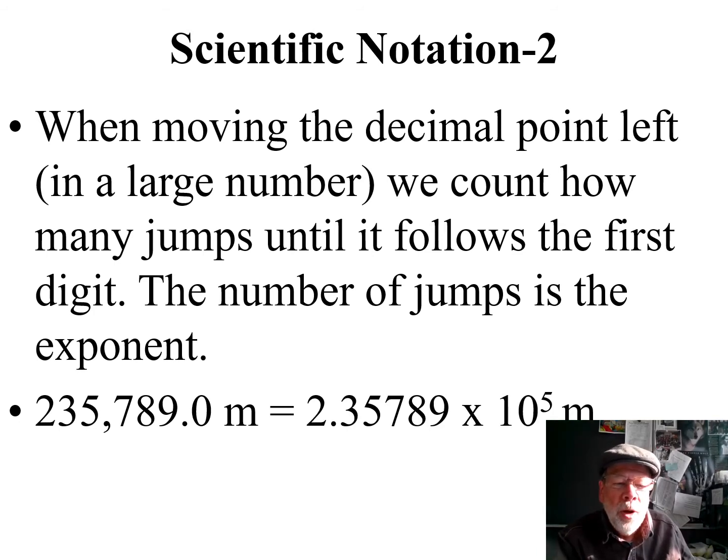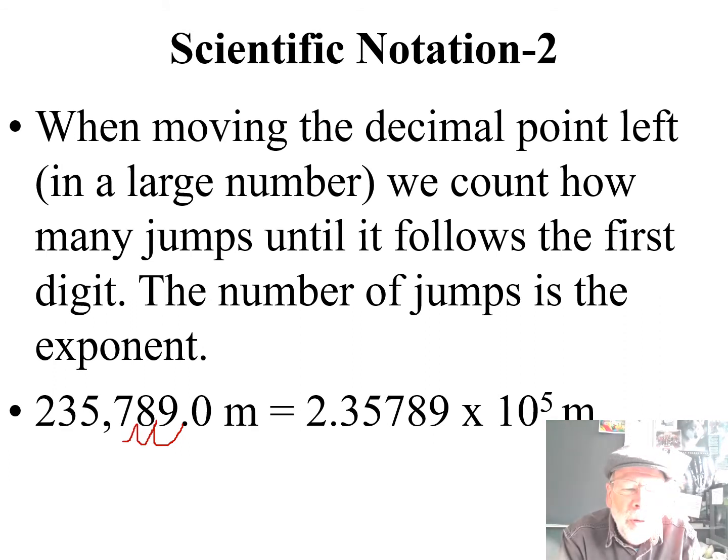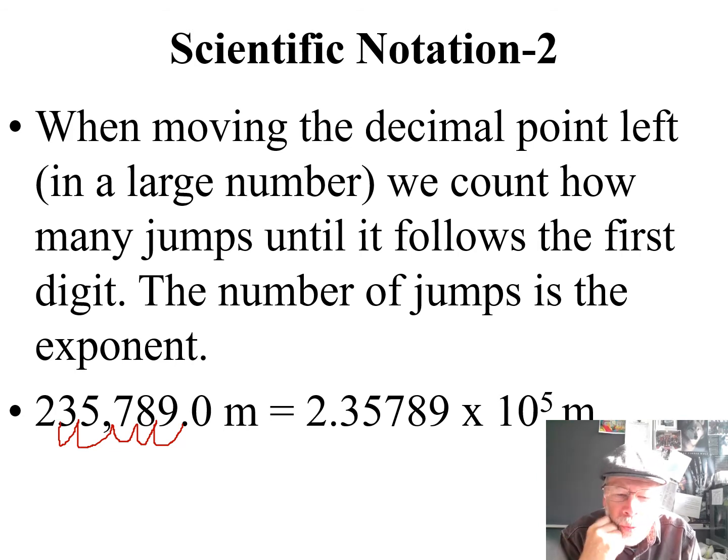So, 235,789, the decimal point is right there. How many jumps? We go 1, 2, 3, 4, 5 jumps. So we have 2.35789 times 10 to the 5th meters.